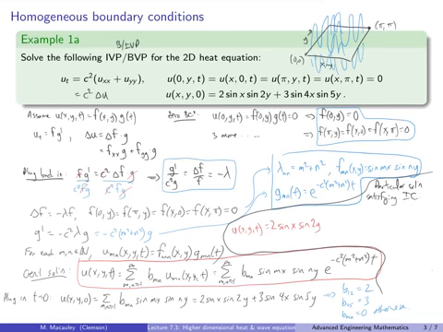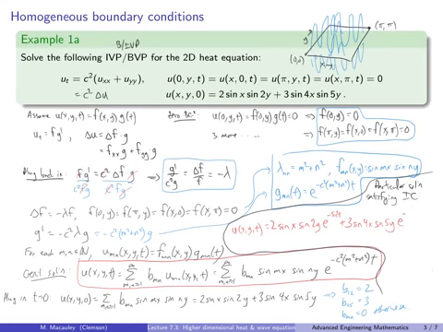And then e to the, what's m squared plus n squared? That's 1 squared plus 2 squared, so that's 5. So e to the negative 5c squared t. And now let's write down the 4, 5 term. The coefficient b4,5 is 3, times sine of 4x, sine of 5y, and e to the negative, oh, I forgot my c squared up there.